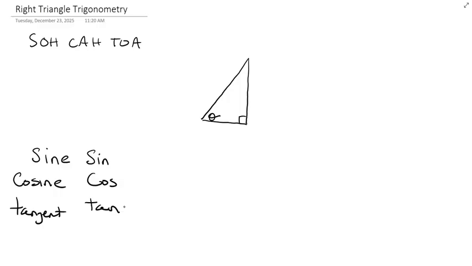Now, we also have what we call the reciprocal of those functions. The reciprocal of sine is actually cosecant. And we would write that one as CSC. The reciprocal of cosine is secant.